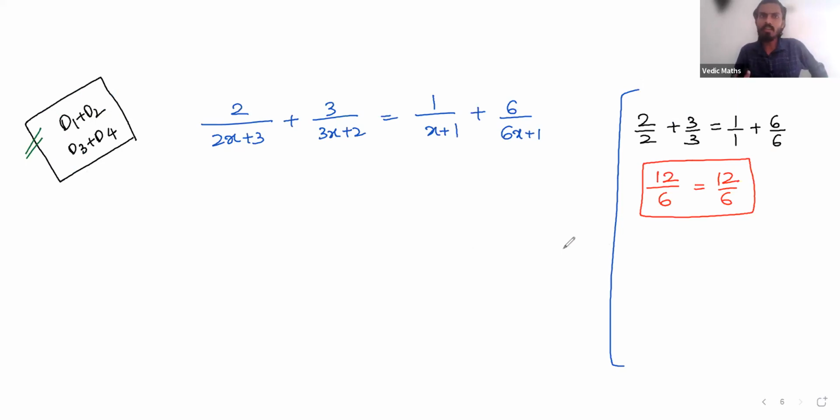So how can we equate? The main point is we have to make our numerators the same. Whatever numerators we have, you see 2, 3, 1, 6. What is the LCM of all these numbers?